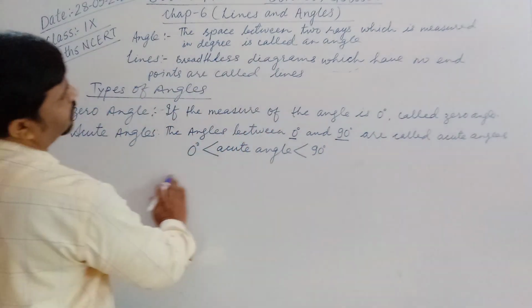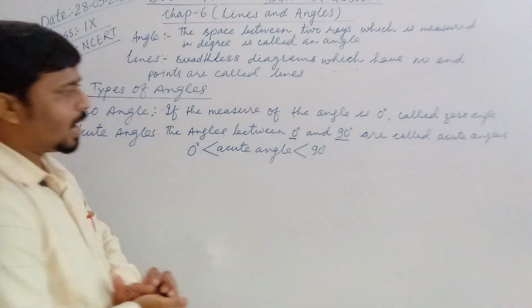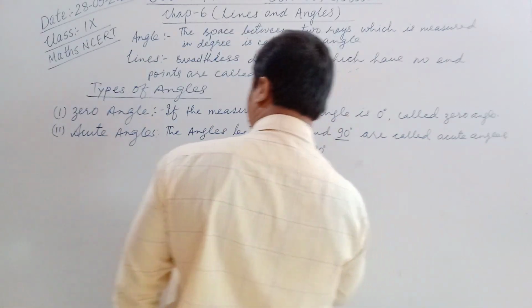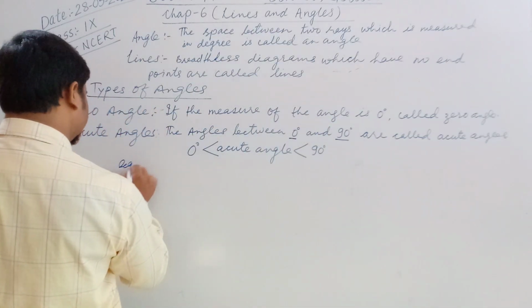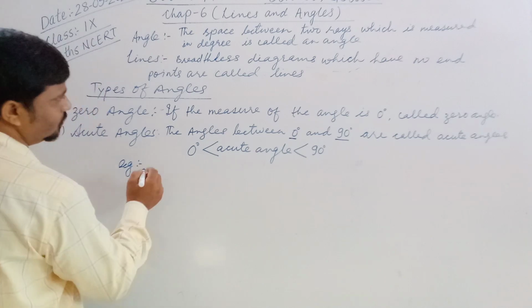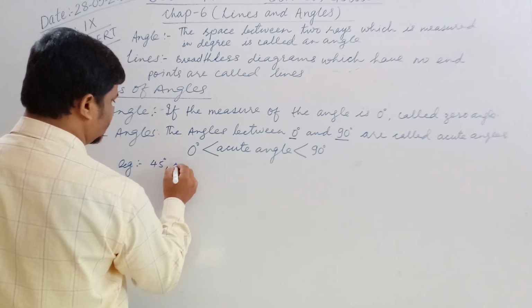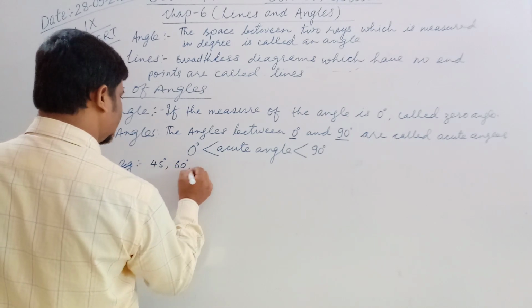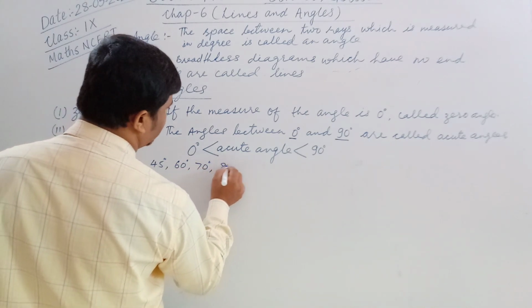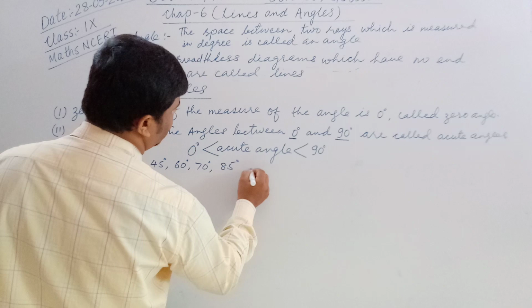This type of angle is called an acute angle. You can see examples: 45 degree, 60 degree, 70 degree, 85 degree, etc.